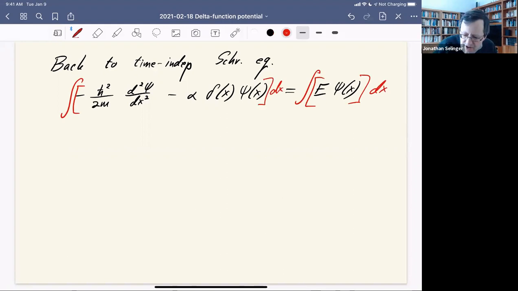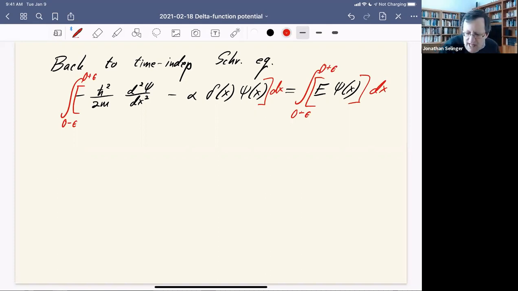Okay. And this time, not integrate all the way from minus infinity to infinity, but I want to integrate just from a tiny little negative number to a tiny little positive number. So I'm going to integrate from x equals 0 minus epsilon to 0 plus epsilon on both sides of this equation.